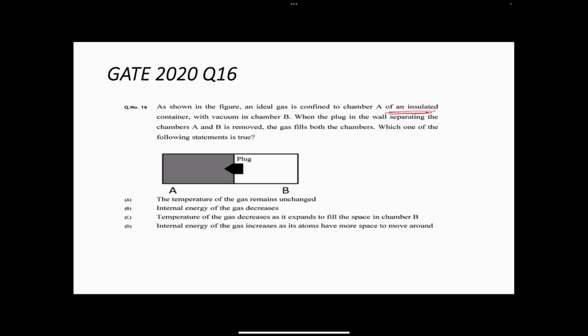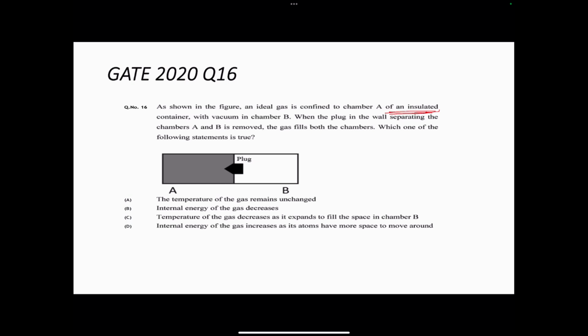Hence due to the free expansion there is no work done, the change in work done is zero, and the change in heat is also zero because it is thermally insulated. Therefore dU, the internal energy change, is also zero, or internal energy is constant, and internal energy being a function of temperature only, internal energy remaining constant means the temperature of the gas remains unchanged.